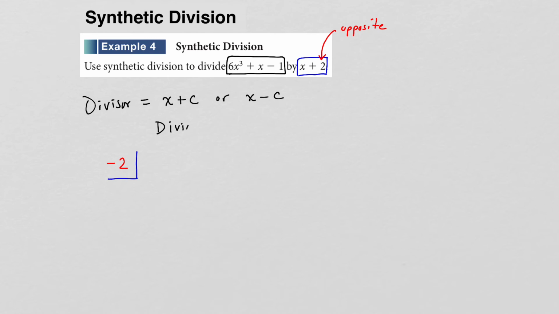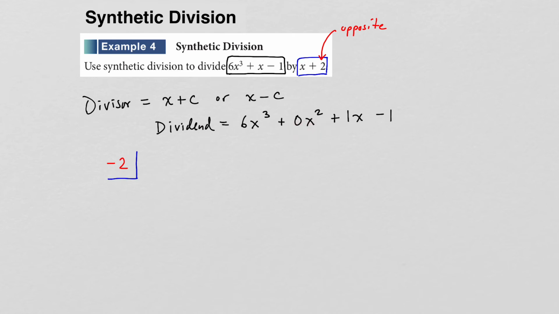So the dividend, in this case, is 6x cubed plus 0x squared plus 1x minus 1. So this is this polynomial. It is absolutely paramount that when you are talking about your dividend, you must put the missing powers of x.